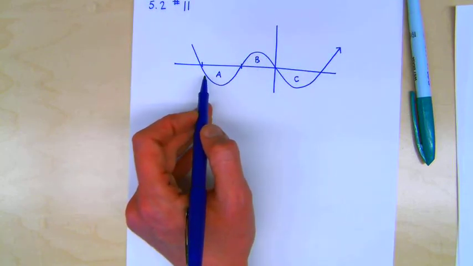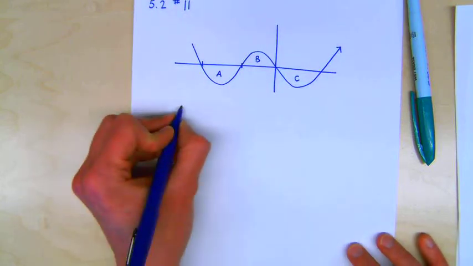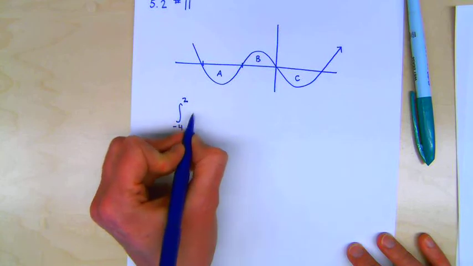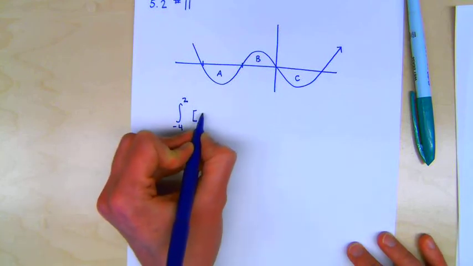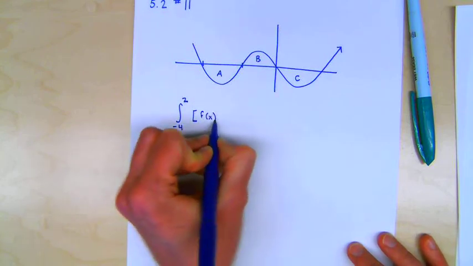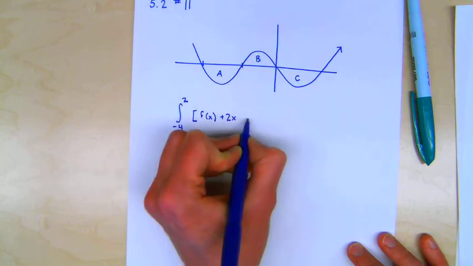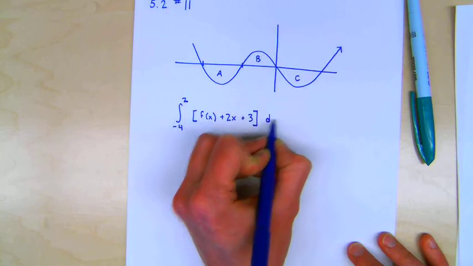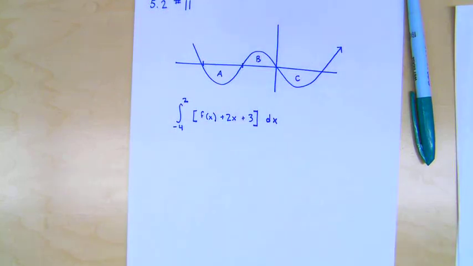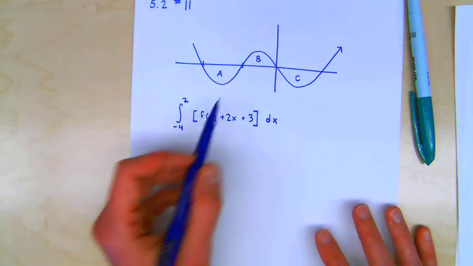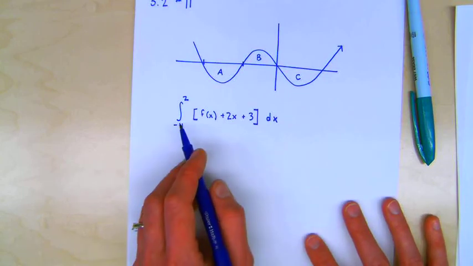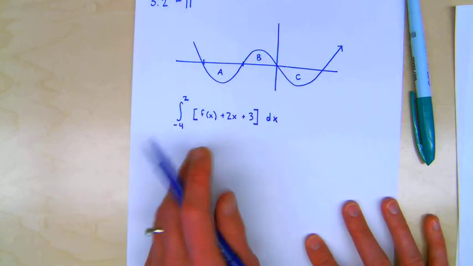And I want to know what's the value of the integral from -4 to 2 of this crazy thing, f of x plus 2x plus 3 in this case, dx.